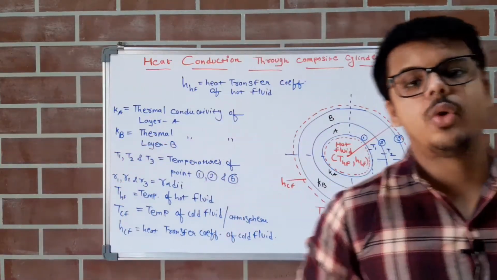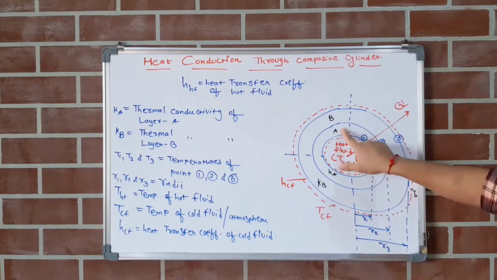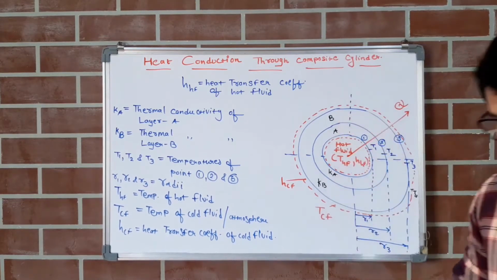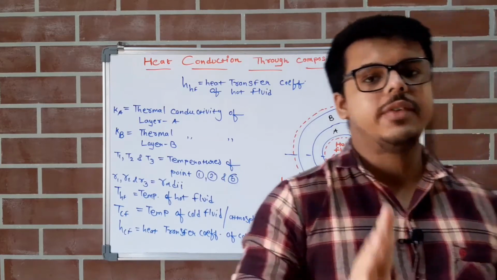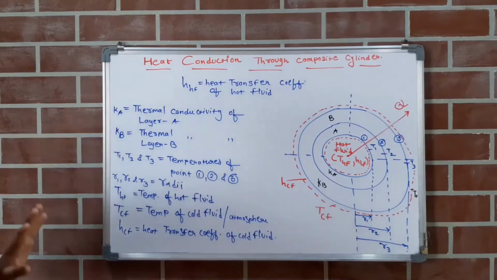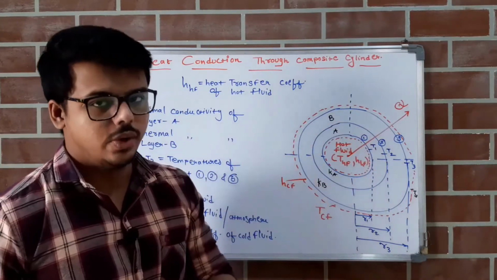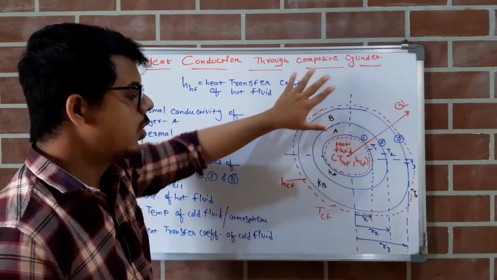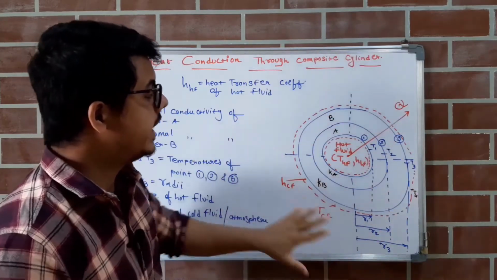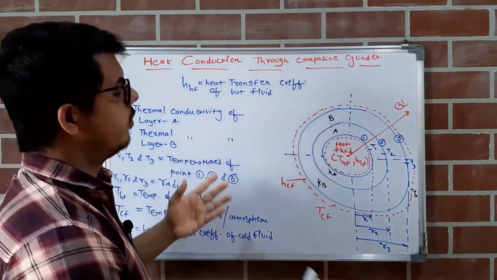Now this pipe has 2 layers, first is layer A and second is layer B. Means we have 2 different layers having 2 different thermal conductivities, let's say Ka and Kb. Now in this hollow pipe we have the hot fluid, which is used to heat the surrounding air or surrounding fluid.